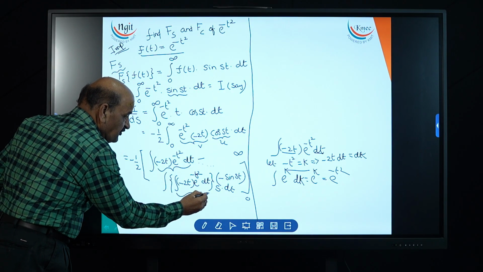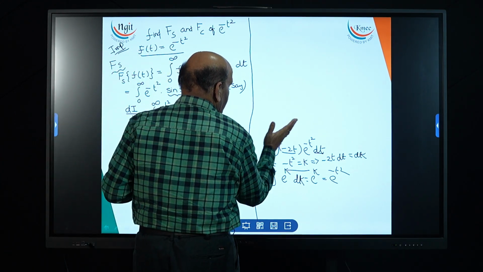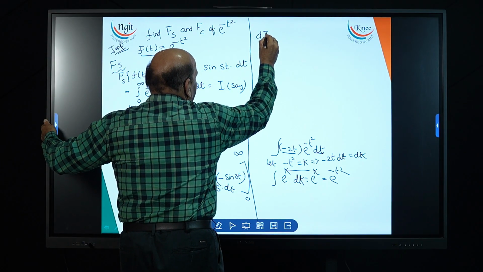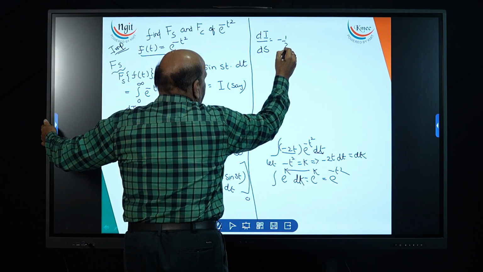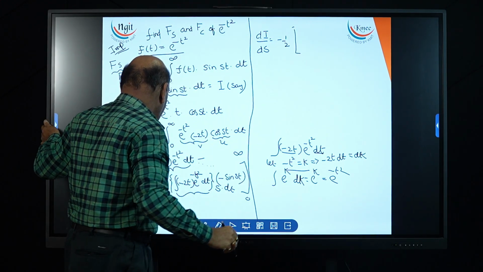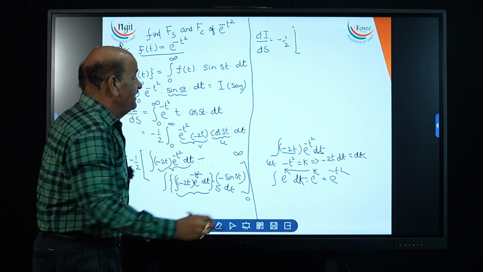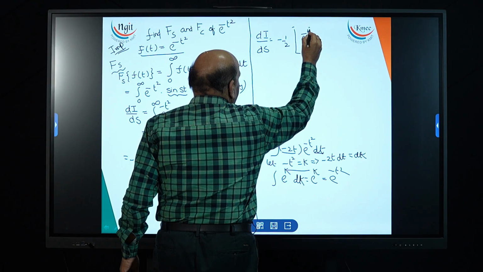Same value here we have to substitute. So this will become, now this will become, what is this value? dI/ds is equal to minus half into, now for this one what will we have? e power minus t square.